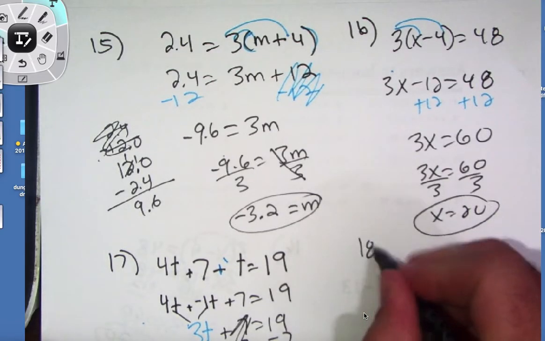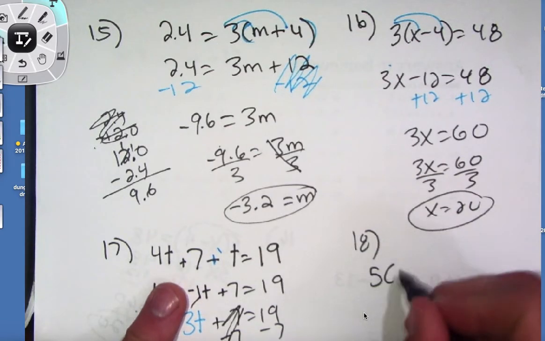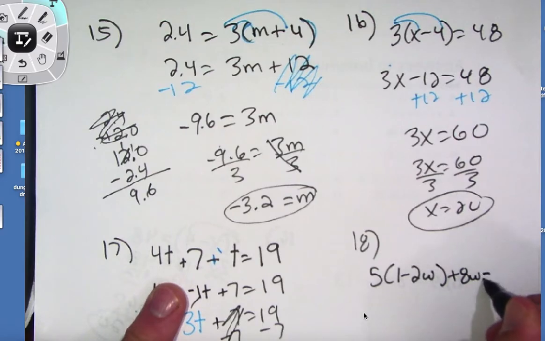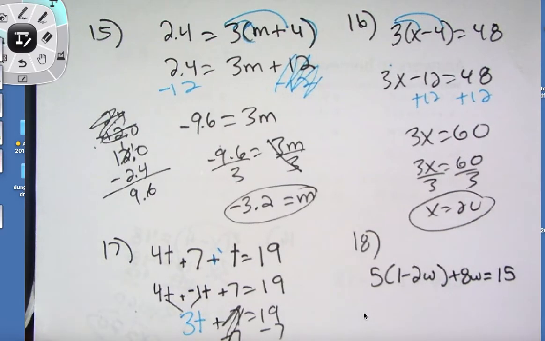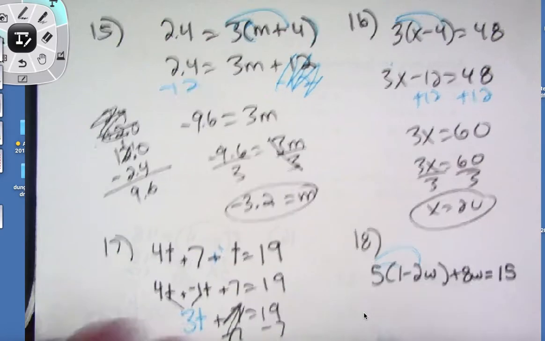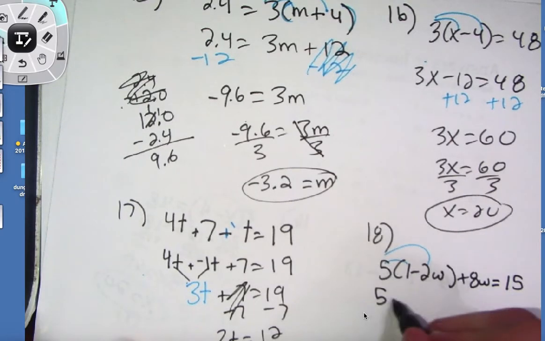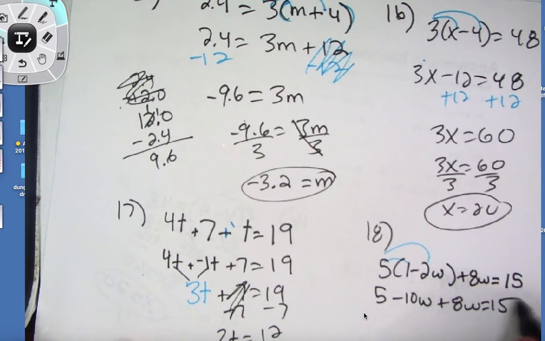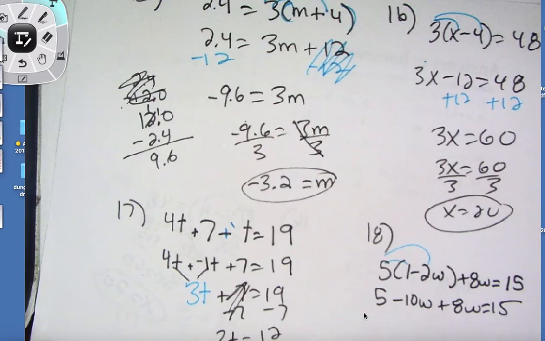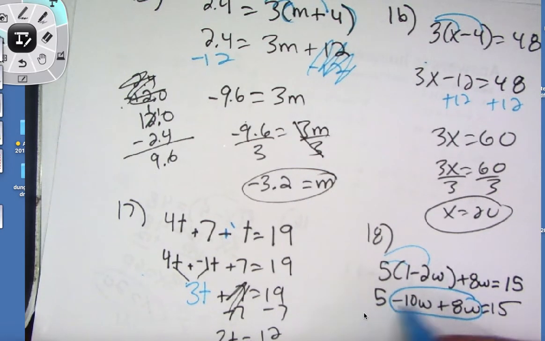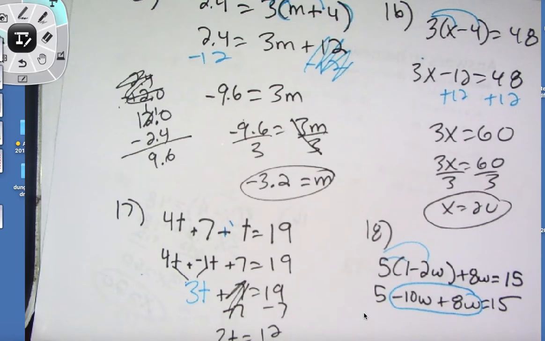Okay. And 18, we got 5 times 1 minus 2w plus 8w equals 15. All right, we're going to do a couple things. First, distribute. So we get 5 minus 10w plus 8w equals 15. Okay. So if w is next to each other, so what's negative 10w plus 8w?